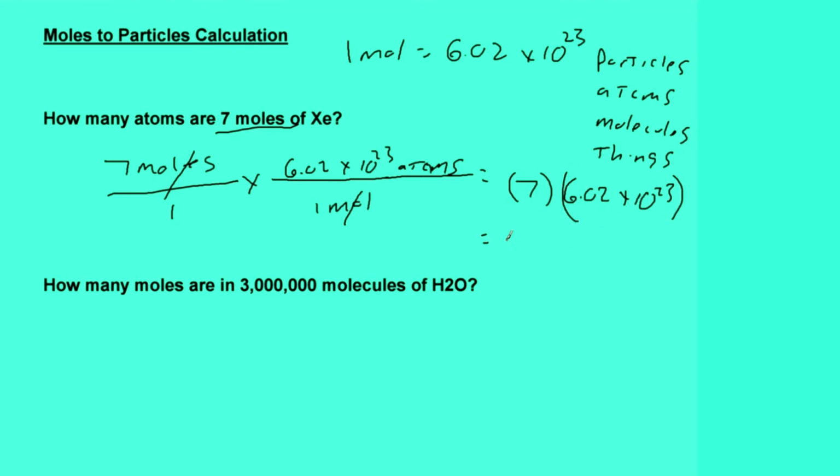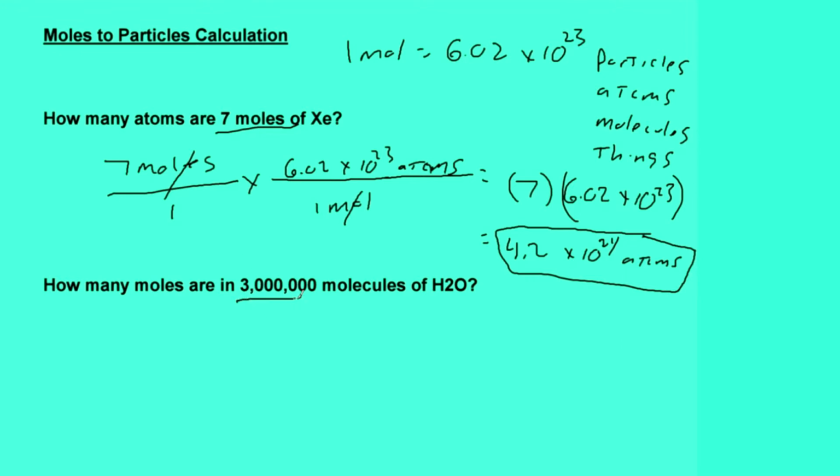And we're going to get 4.2 times 10 to the 24 atoms. That's how many 7 moles of xenon would contain. 4.2 times 10 to the 24. All right, let's go the other way.